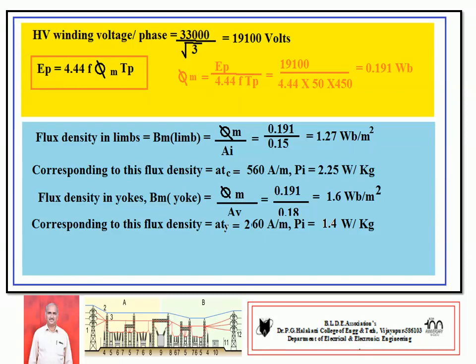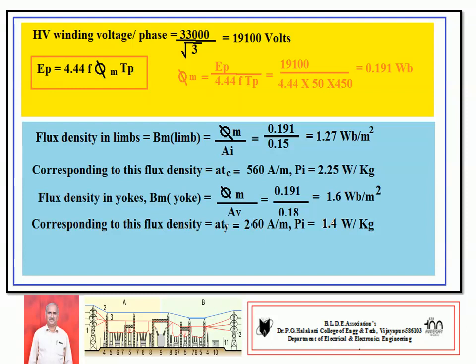Then go for calculation of phi m from the primary voltage expression. We know that primary voltage is given by 4.44 f phi m times the number of turns of primary. From this expression we calculate the flux value phi m, and we get around 0.191 Webers.